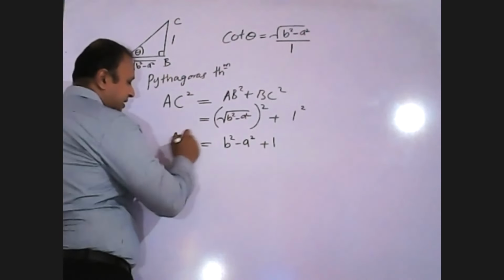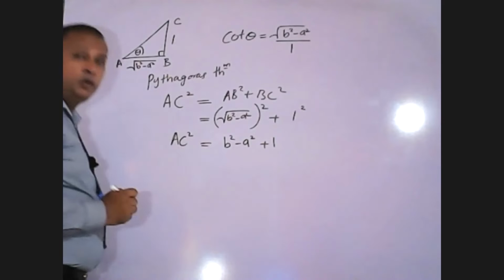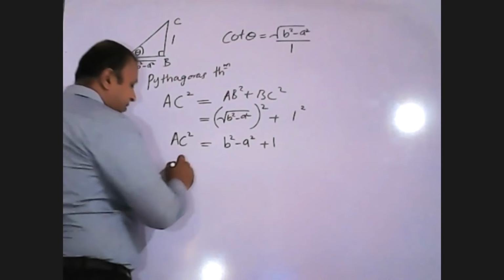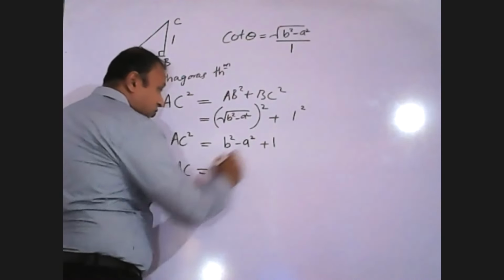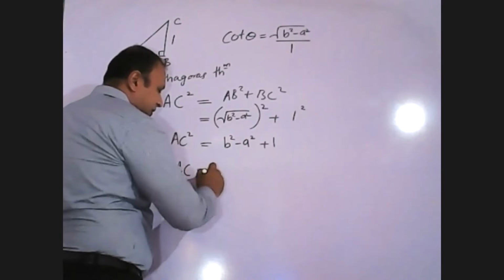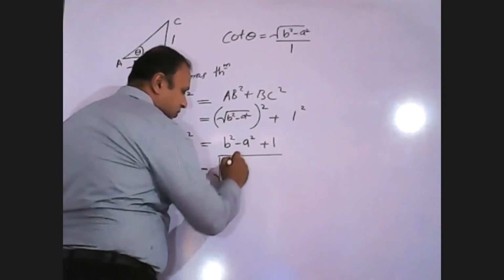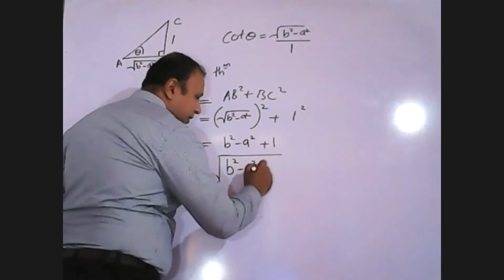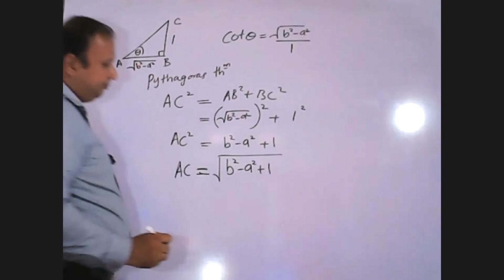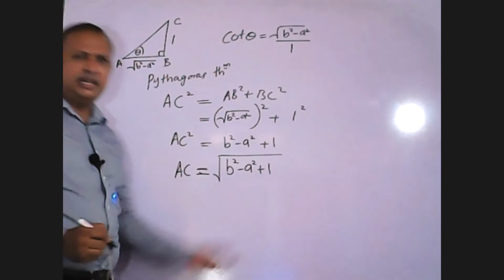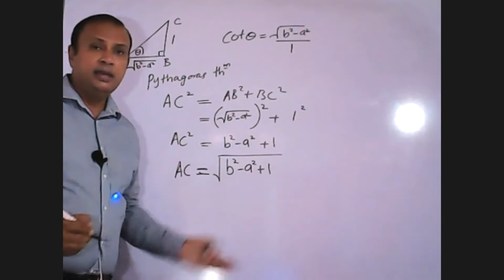This is AC squared, but I want to find AC. AC means the square root of this entire thing, the square root of b squared minus a squared plus 1. That is enough. We cannot simplify further.